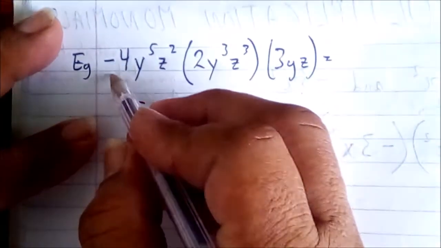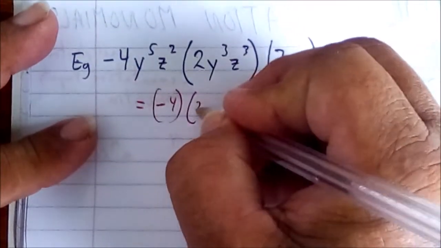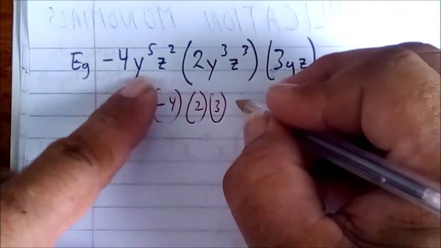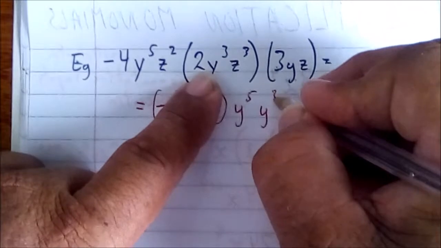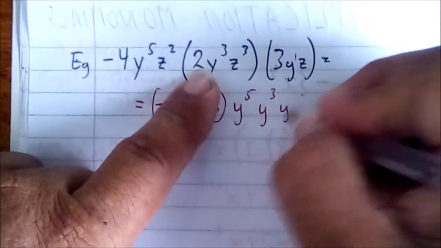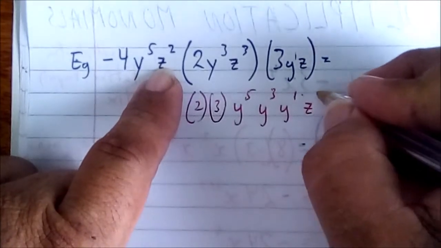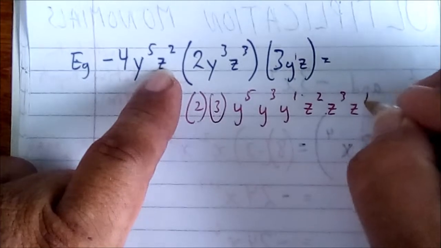So we say now negative 4 times 2 times the 3, and then we say y to the fifth times y to the third times y to the first, and then we look at the z squared times z to the third times z to the first.